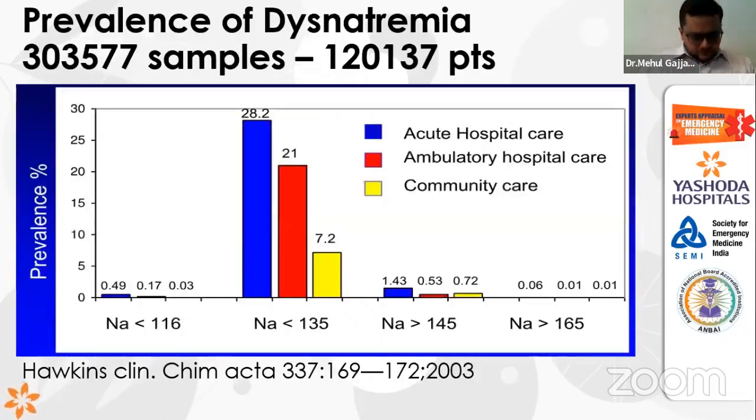Now, coming to prevalence of hyponatremia, this is one of the largest studies about electrolyte disturbances, which analyzed more than 3 lakh samples from more than 1.2 lakh patients, which revealed that hyponatremia is present in almost 28.2% of acute hospital care admissions, 21% of ambulatory hospital care admissions, and almost 7.2% of patients of community care hospital. So prevalence of hyponatremia is very high.